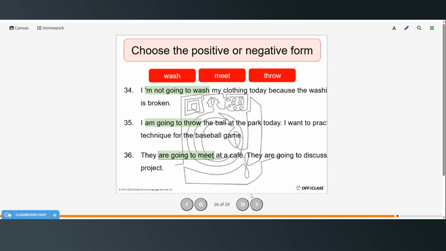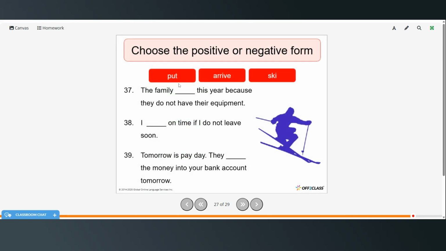They are going to discuss the project. The family isn't going to ski this year because they do not have their equipment. I'm not going to arrive on time if I do not leave soon. Tomorrow is payday. They are going to put the money into your bank account tomorrow.